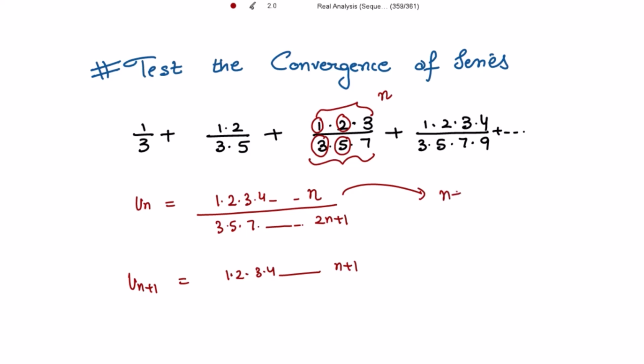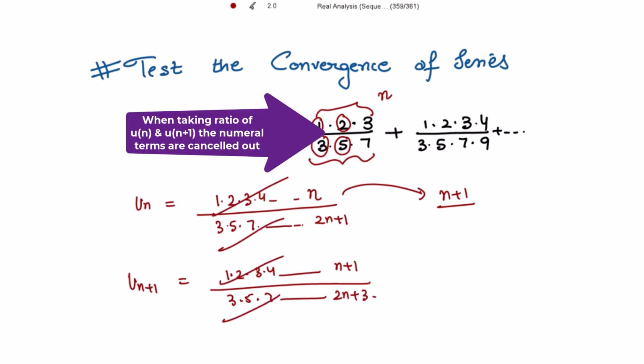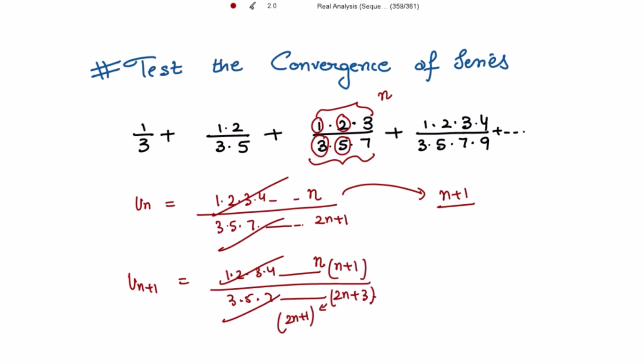Just replace n with n plus 1. And in the denominator we get 2 into n plus 1 plus 1, that is 2n plus 3. What is the previous term of this? It is n. And the previous term of this is 2n plus 1.